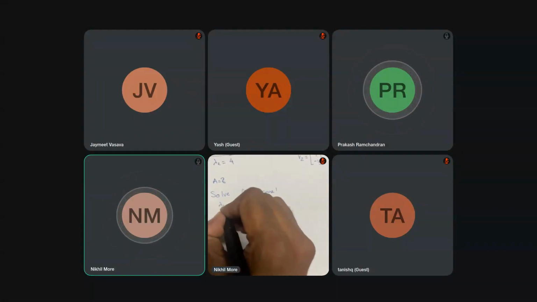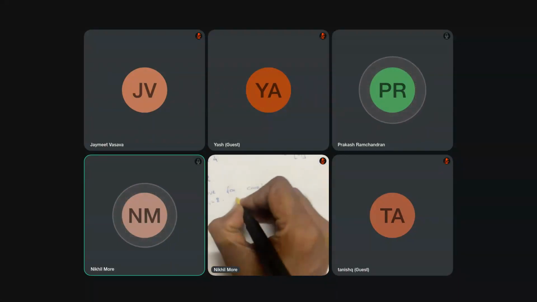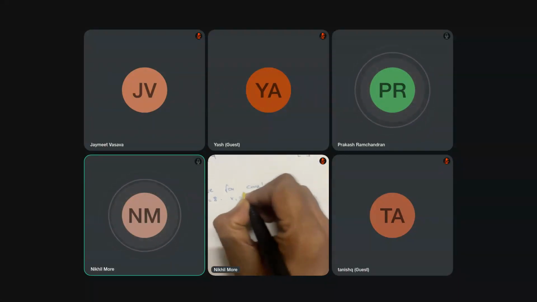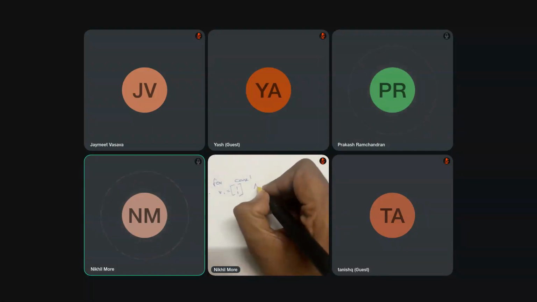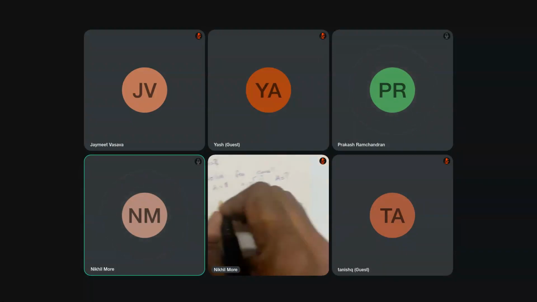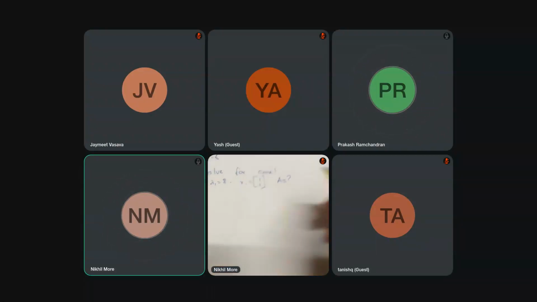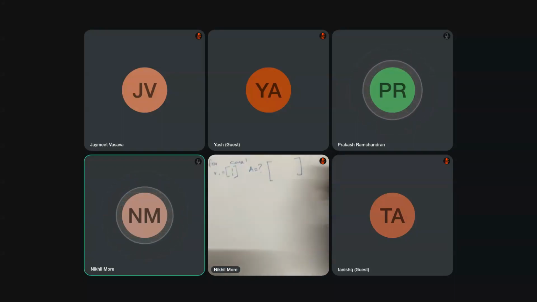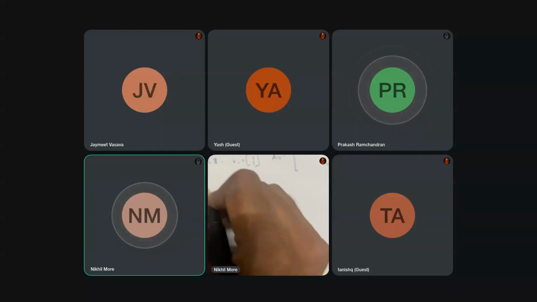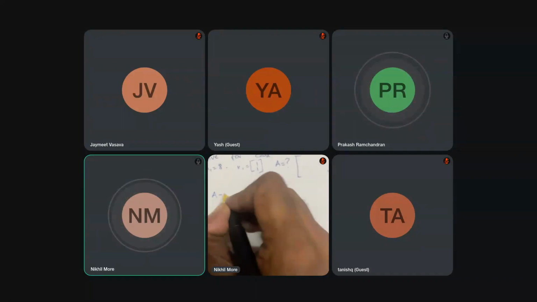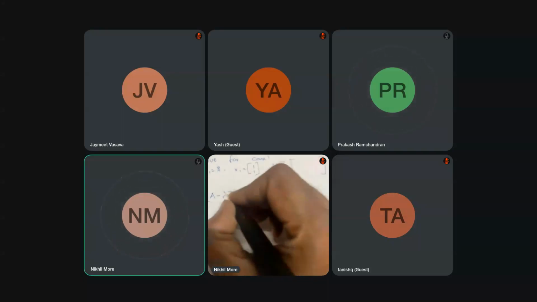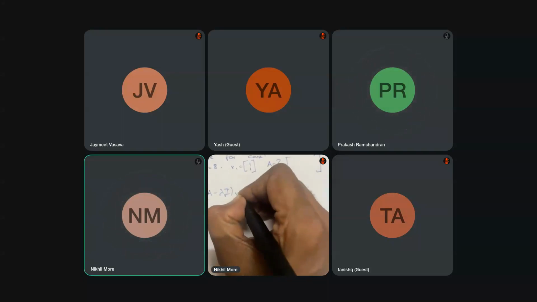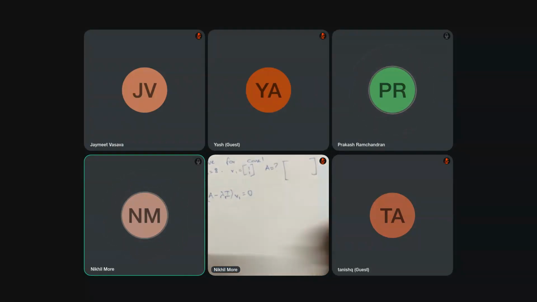So we have lambda 1 as 8, v1 as 1 1, and A we don't know, but we know by definition that A minus lambda 1 into I into v1 will be a zero vector.